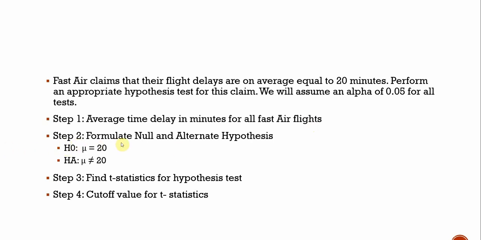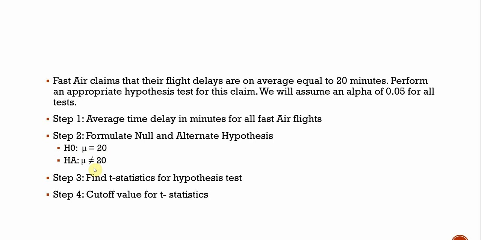Step 2 will be the formulation of the null and alternate hypothesis. As the question already states that Fast Air claims that the flight delays are on average equal to 20 minutes, our null hypothesis here, that is H naught, is population mean is equal to 20.